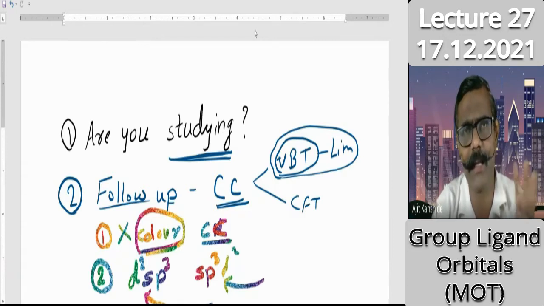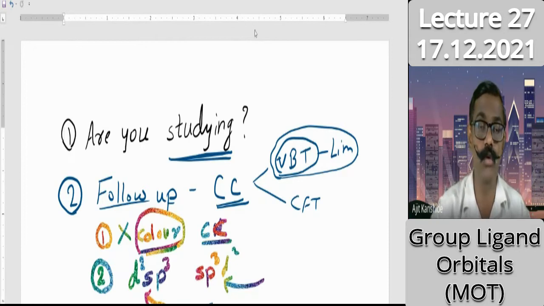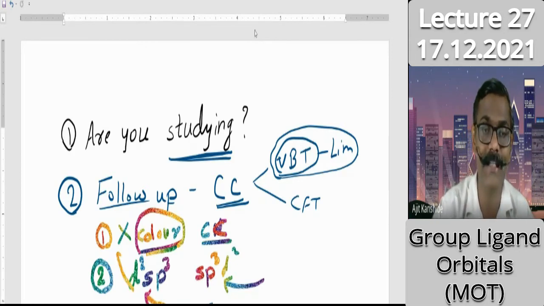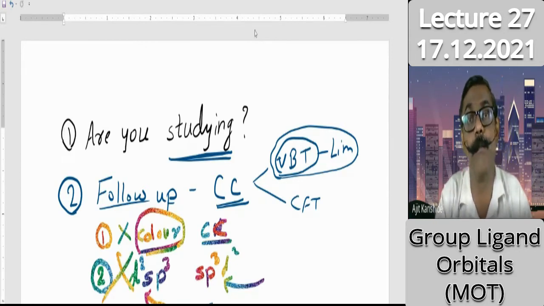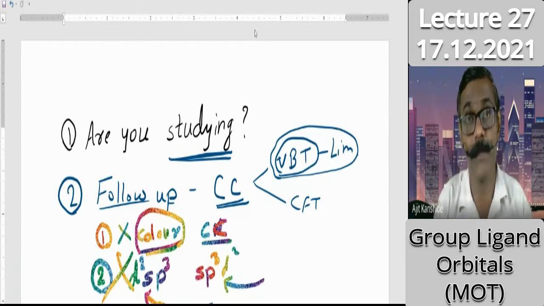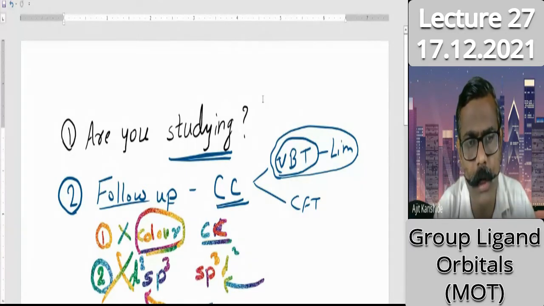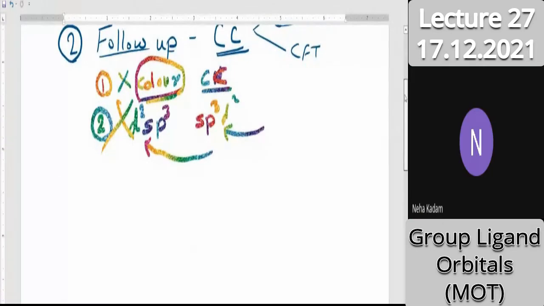Other than the strength of the ligand, VBT could not give a satisfactory answer about the inner and outer orbital complexes. Means octahedral complexes are not properly explained. Are you following what I am saying? Yes, sir.